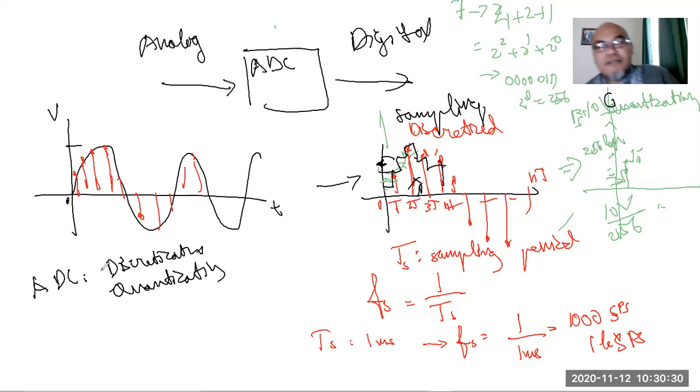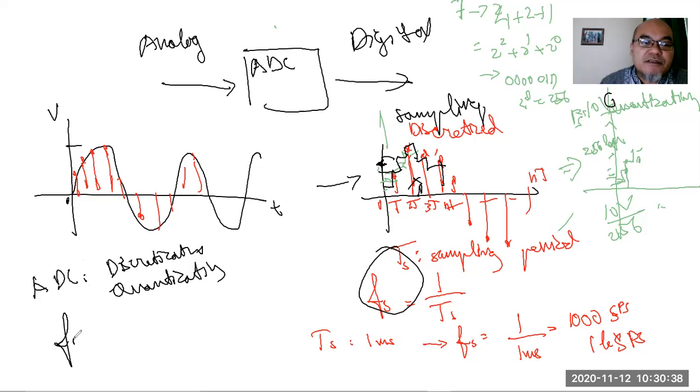In order to reconstruct the original signal from the digital signal, the sampling frequency has to be at least twice the maximum frequency of the bandwidth of that signal. For example, for ECG the bandwidth is 100 hertz.